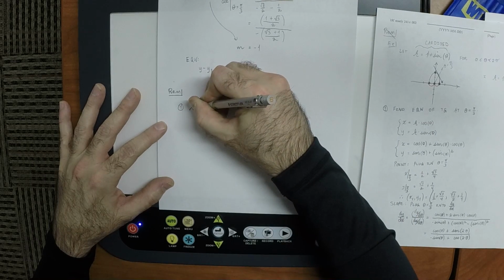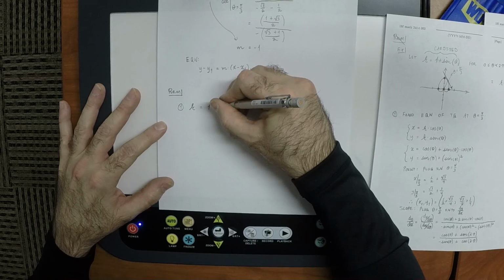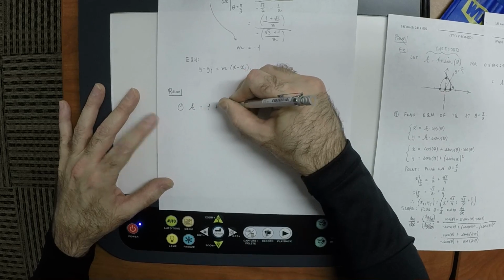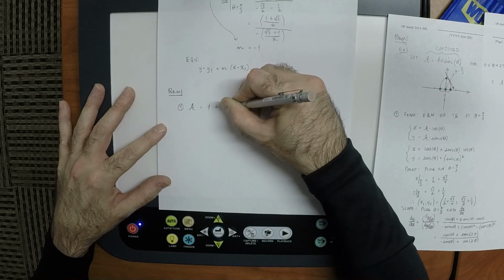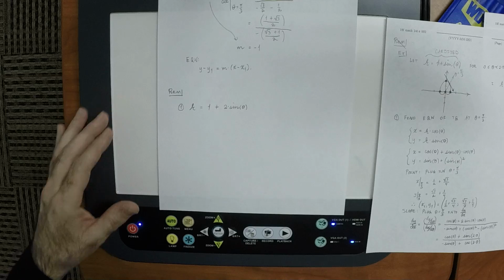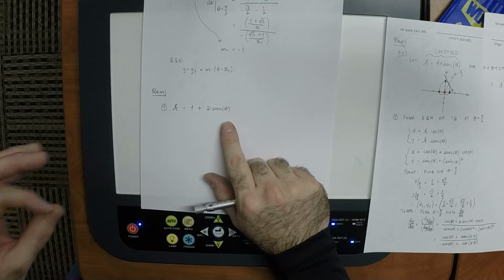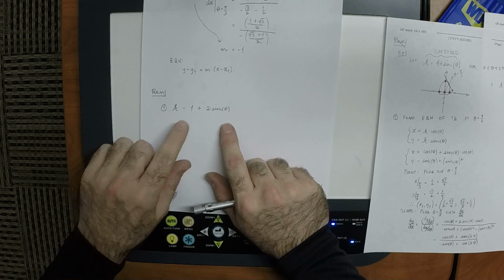I say r is 1 plus, say, I don't know, twice sine theta. So now the story is different because, you know, I asked, what's the max of sine, what's the min of sine, and so on.